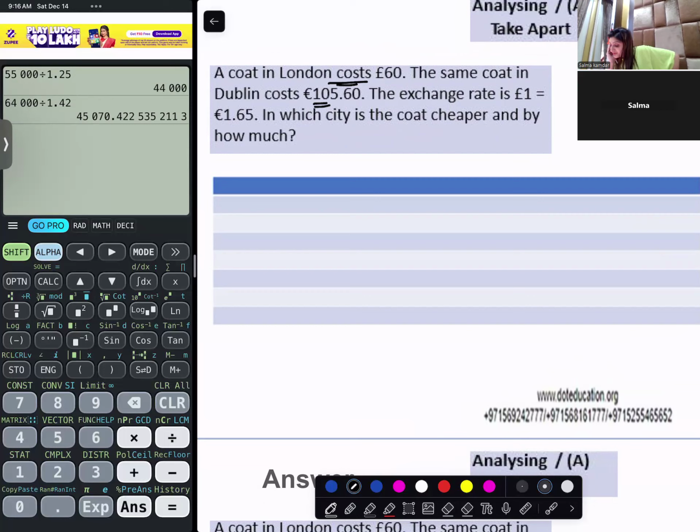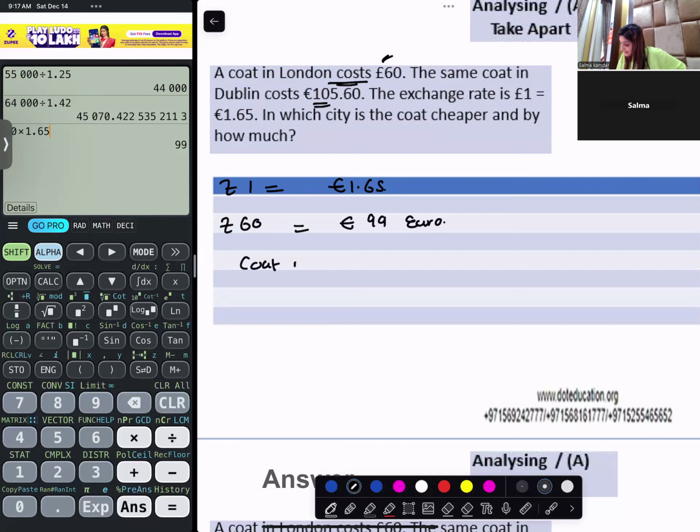In which country is the coat cheaper? Okay, so let's convert the pound into euros. 1 pound is equal to 1.65 euros. So 60 pounds would be 60 times 1.65 euros, which is equal to 99 euros.